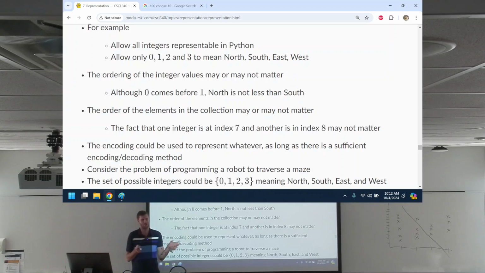Yes, they're integers, but this could have been NESW. They didn't have to be integers. Whenever you have a finite set of available values, sometimes people like to differentiate there. Clear? Unclear? So they're integers, but they don't necessarily need to mean anything related to integers.